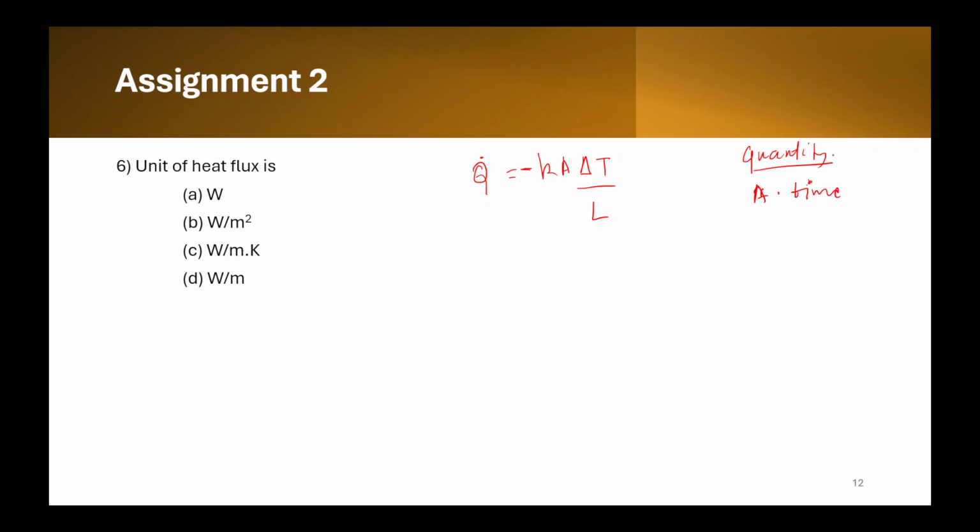So flow of a quantity per area gives us flux. If we take this area on the right side, Q by A will be minus K delta T by L. So this is another expression for Fourier law.